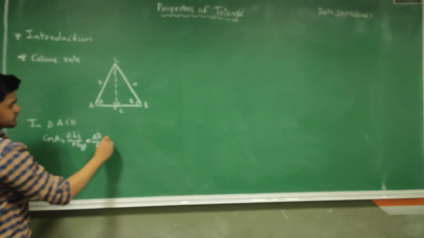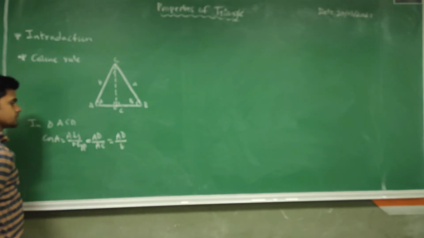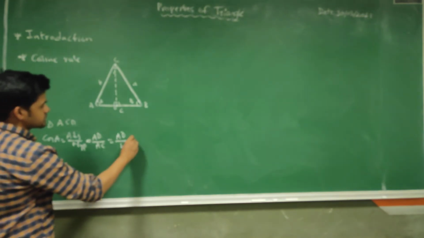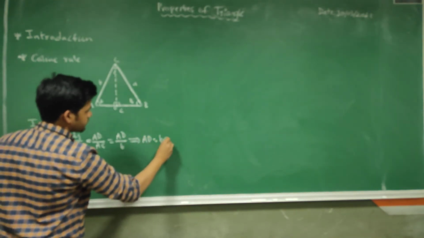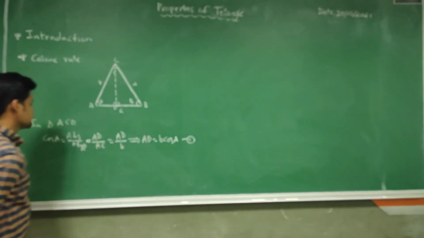Okay, and AC is nothing but b. So I can write AD is equal to b cos A. Let's call it equation number 1.